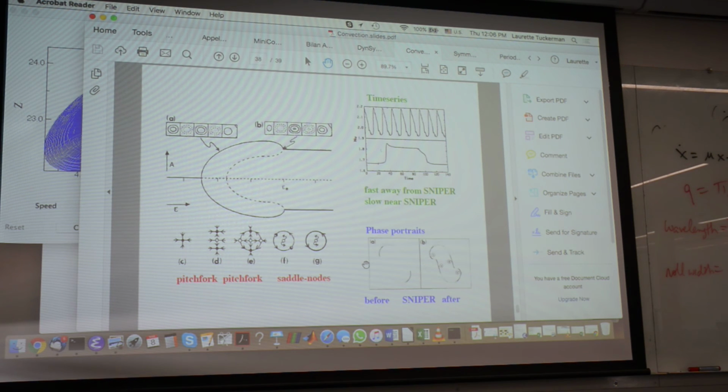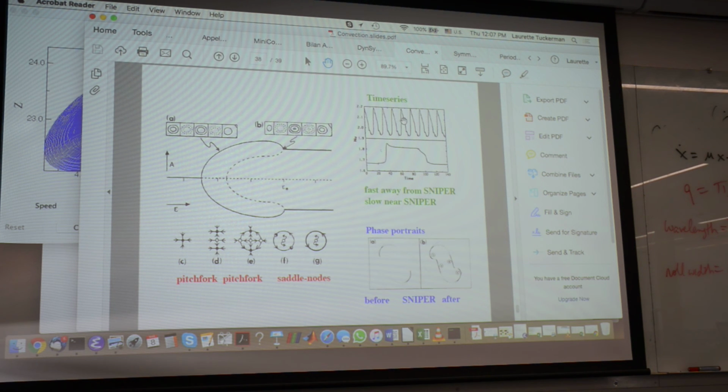You have this limit cycle here, and you see it here, you're oscillating. But as you get close to the bifurcation, it is very slow, because there is a stable point that is approaching. There's a collision between a stable and unstable convective state here. And that is an actual physical realization of the saddle node on periodic orbit, where the period goes to infinity as you get to the threshold here.